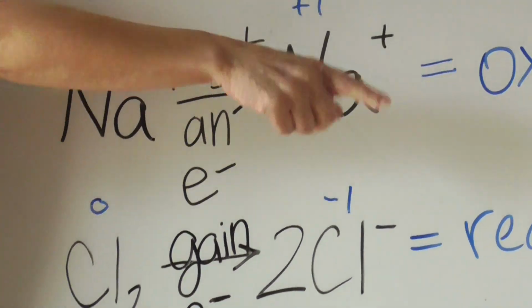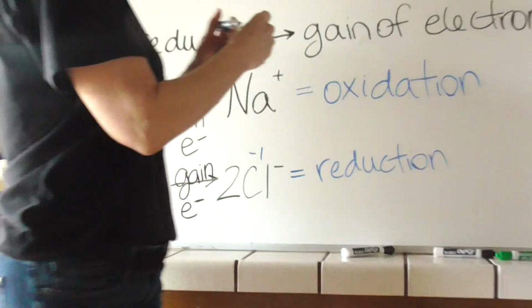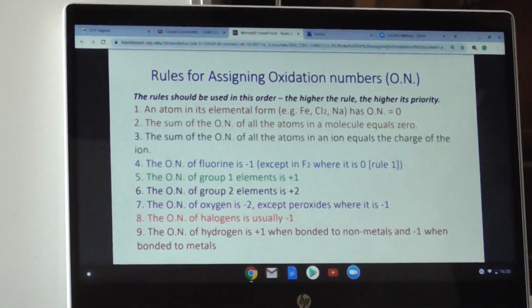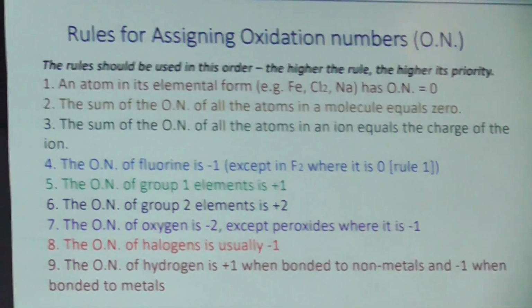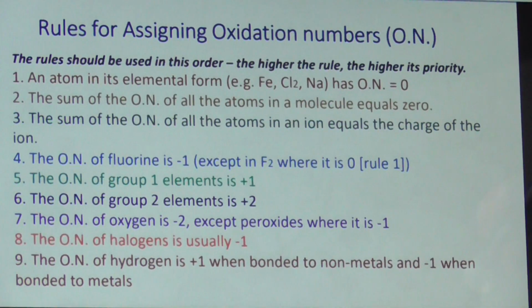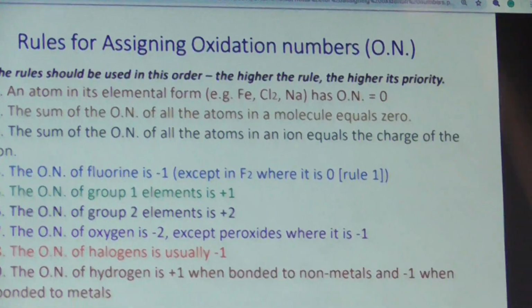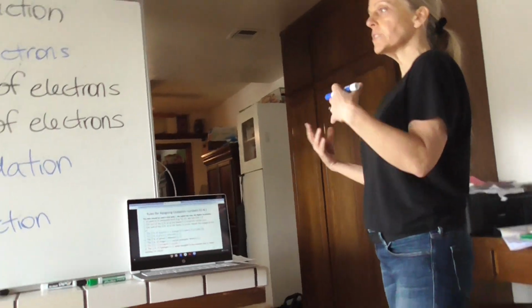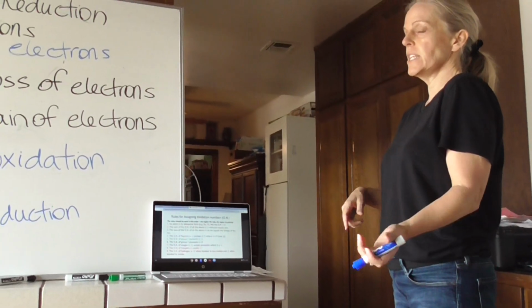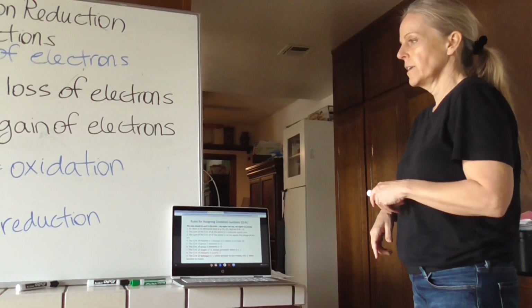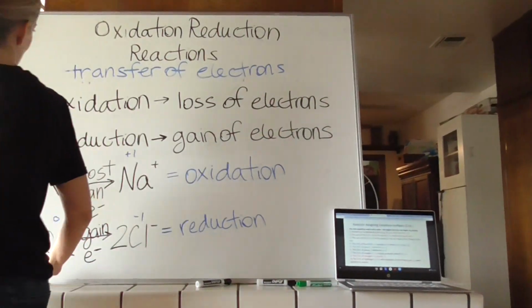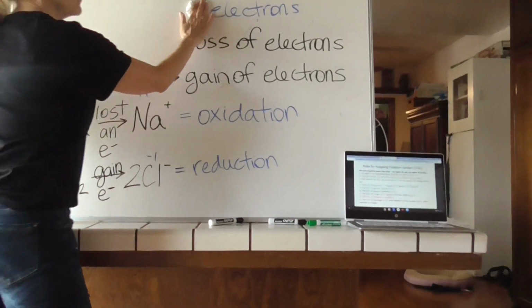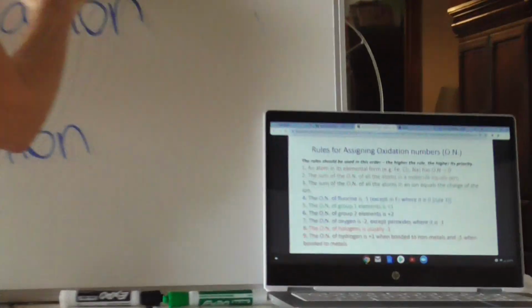So we have to know all those rules that are over here in order to write them above each one of the individual atoms, and then look at the reactant versus the product side and see how it changes. That's how you figure out what is oxidized, what's reduced, what the oxidizing agent and the reducing agent are. So let's do a couple more examples and then we'll do an actual reaction.